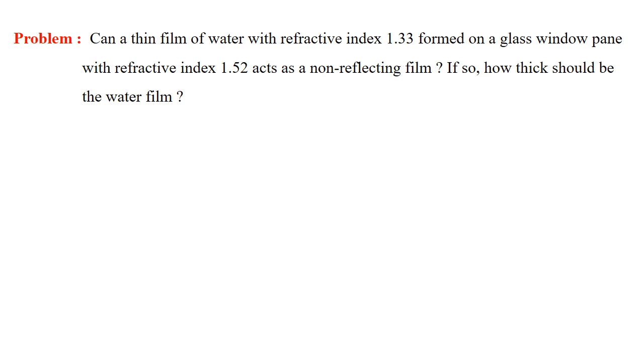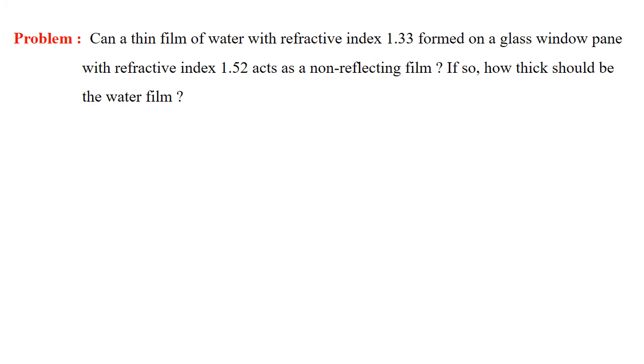If so, how thick should the water film be? Now I request that you take a pause, think over this problem, try to solve it, get the answer, and then check your answer by going to the next slide.